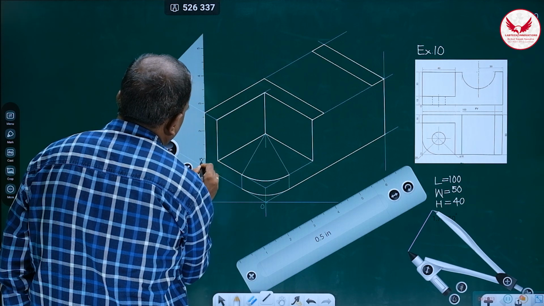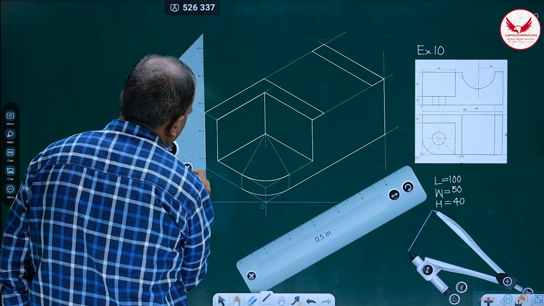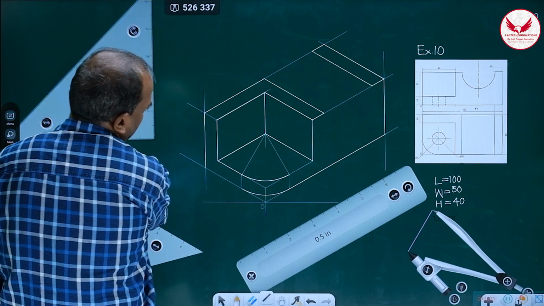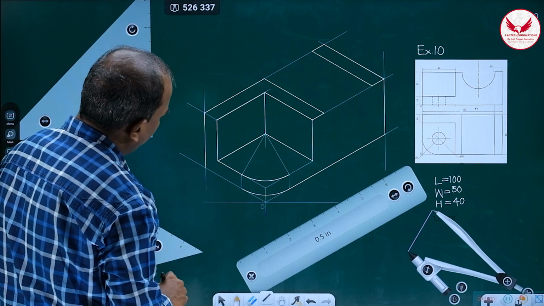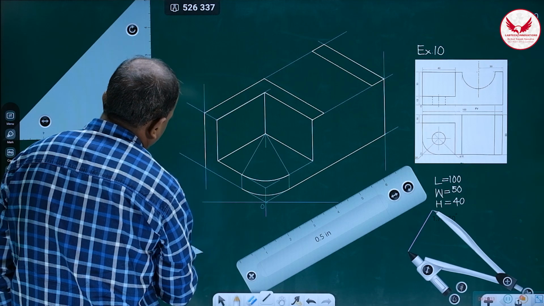In isometric, imagination, thinking, proper techniques, and neat reading of the orthographic view is very important.